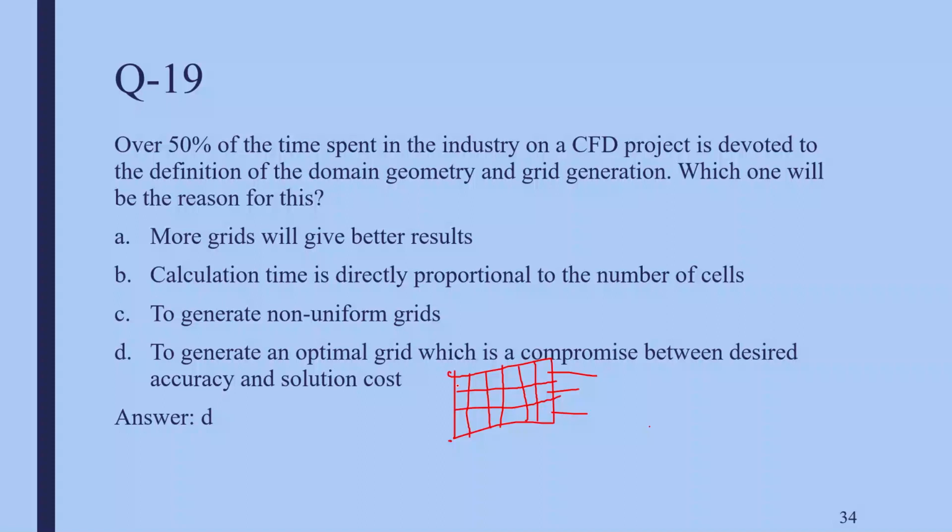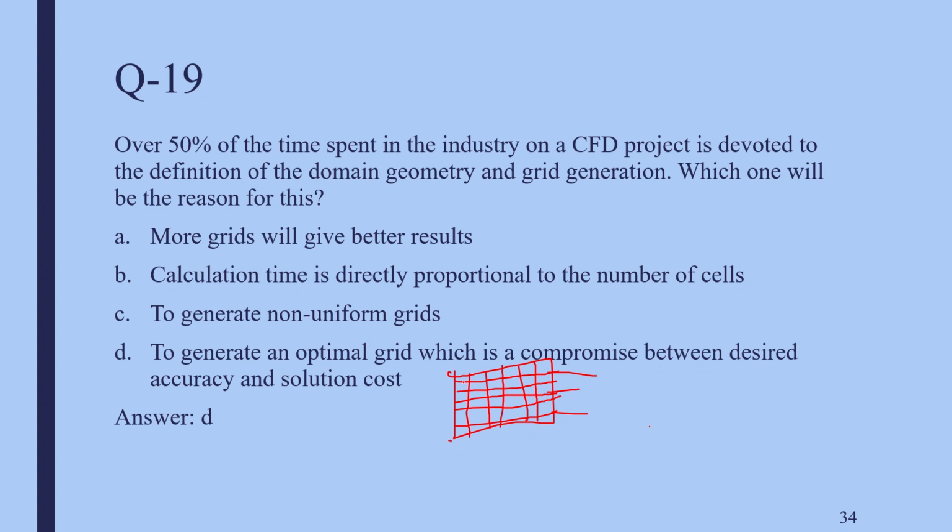This can further be reduced into this, where the cell size is further reduced. Now how many do we have? 1, 2, 3, 4, 5, 6, 6 cross 6, 36 cells. Previously it was 18 and now we have doubled it. So is it true that this grid would be giving better results than the previous grid?